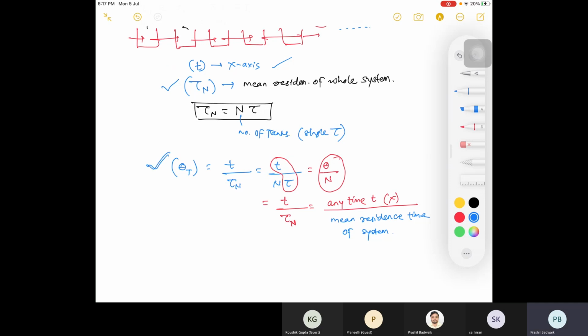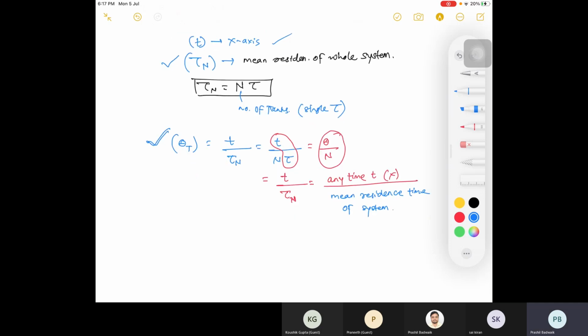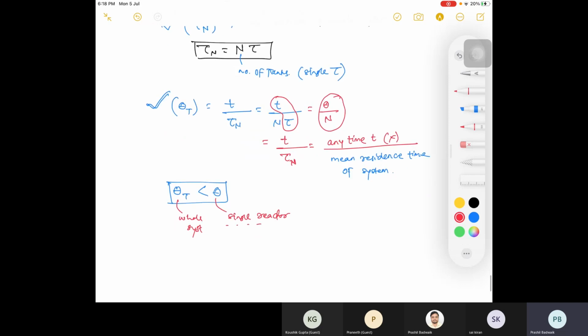This is very important. Can you please tell me what the relation is between theta t and theta? Which one will be greater and which will be lower? Theta t will be greater, because here I am considering the whole system and here it is a single reactor. That's what we want. We are comparing any system in terms of n number of tanks and finding theta t for that system.